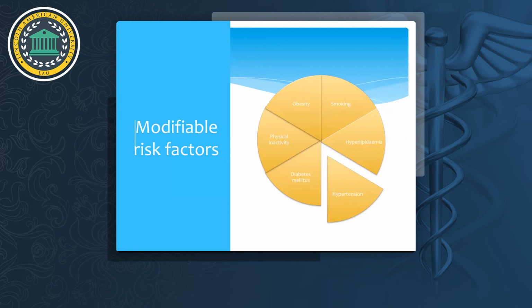The non-modifiable risk factors are age, ethnicity, and sex. And modifiable risk factors are obesity, smoking, hyperlipidemia, hypertension, diabetes, and physical inactivity.